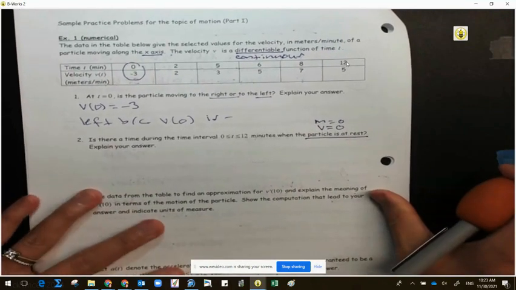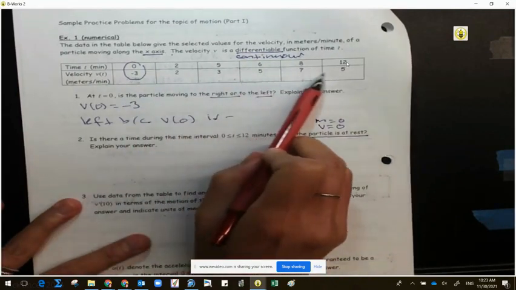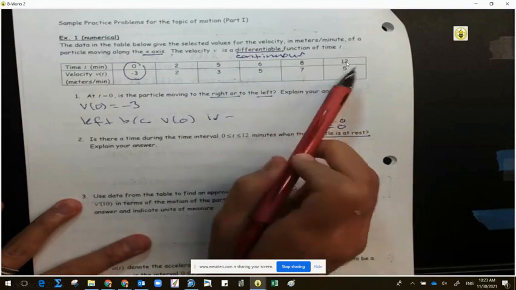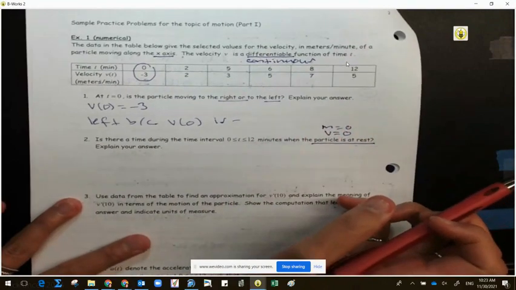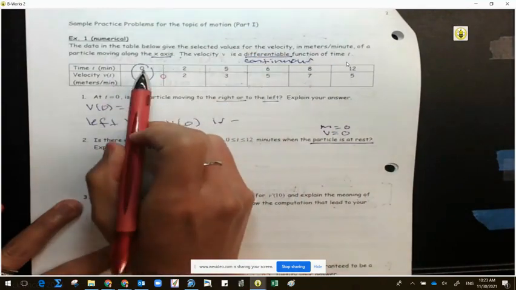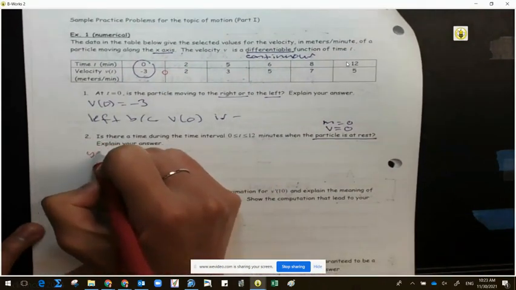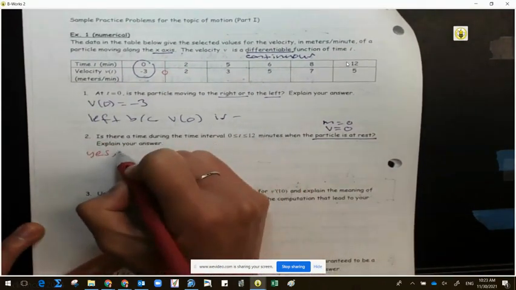So in this case, let's analyze our velocity. Looking at my velocity right here, we know this has to be a continuous function. Where must the 0 lie? Between 0 and 2, or specifically negative 3 and 2, right? So for this one, let's write out: is there a time that does happen? Yes.